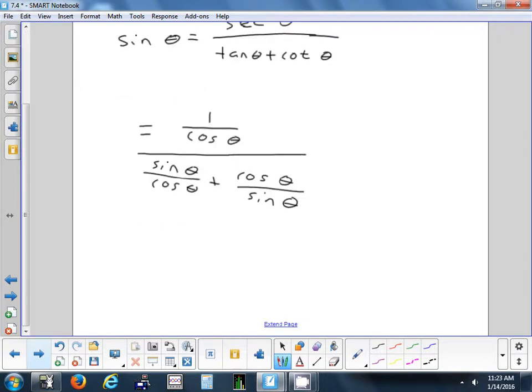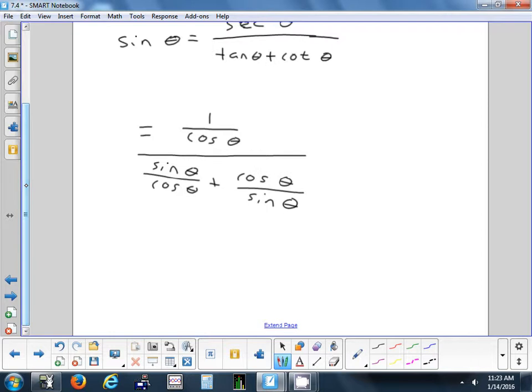Sometimes as we're simplifying it, it actually starts to look worse before it starts to cancel stuff out, like in this case. In the top, there's not really much I can do. I'm not even sure that was a good idea to change it to 1 over cosine in the top. Maybe, we'll see. In the bottom, I think it was a good idea.